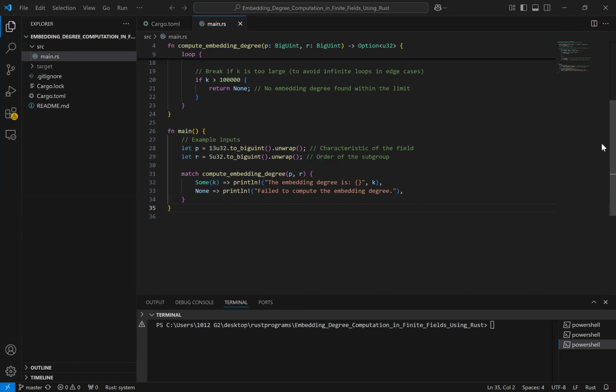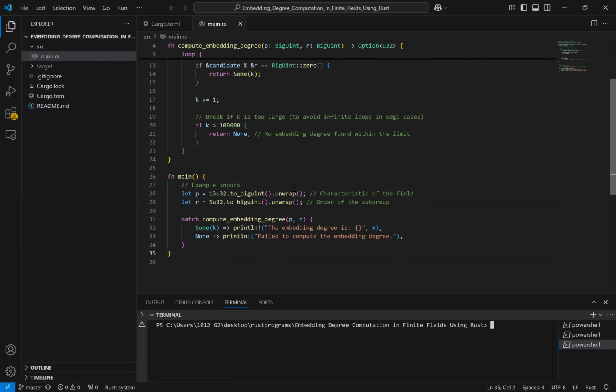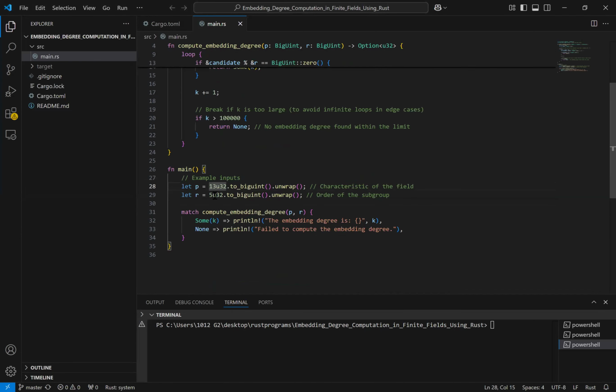Now, I just want to use it to do an example that we've already looked at. We had 13 as P, and R as 2 at one point, and R as 5 at another point.